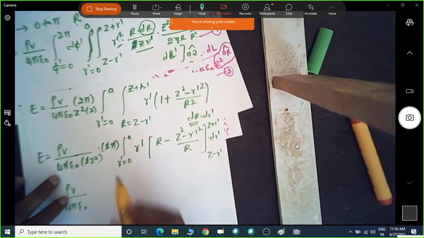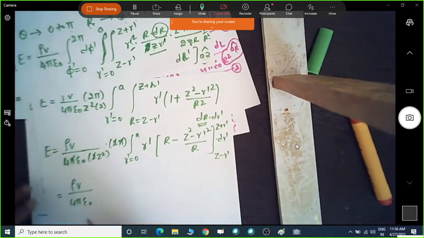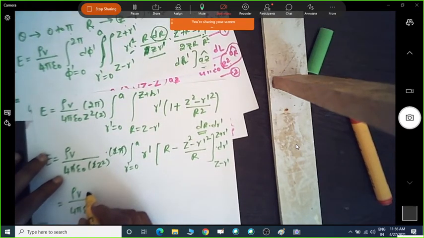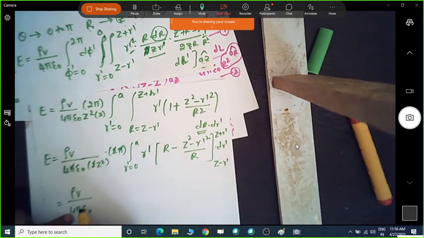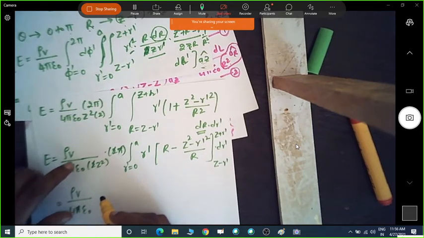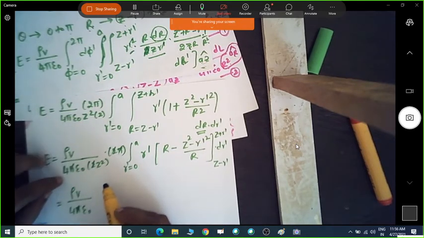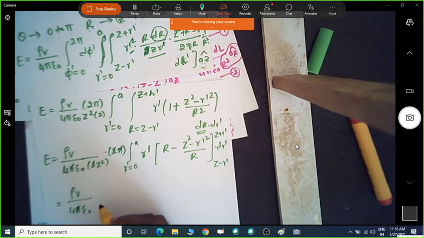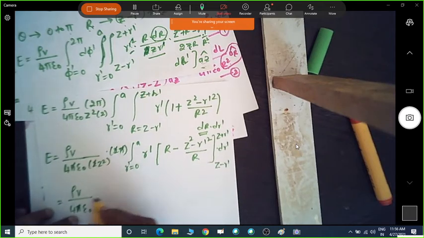Now we have 4 epsilon naught by 4 pi, which will cancel each other, and we end up with z square: rho v by 4 pi epsilon naught z square.